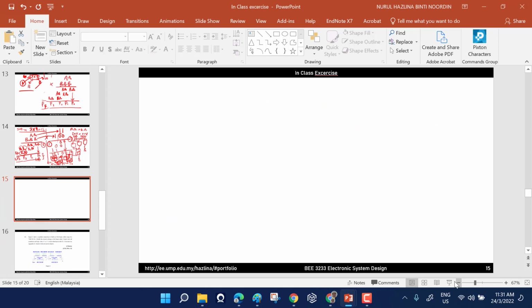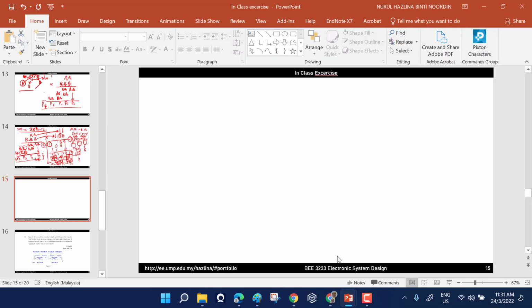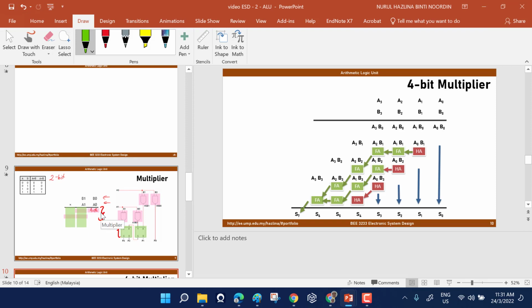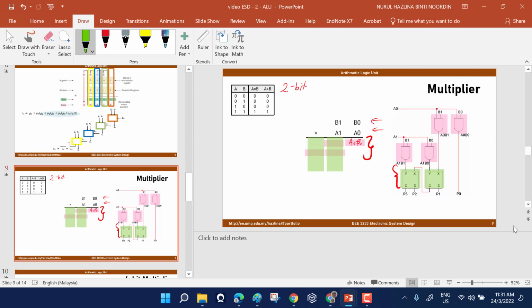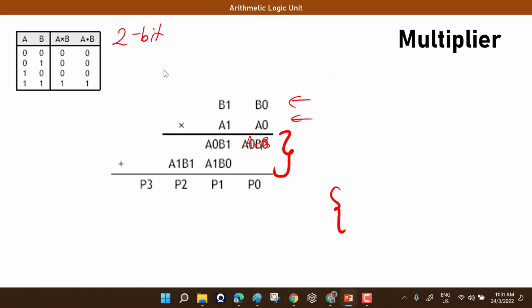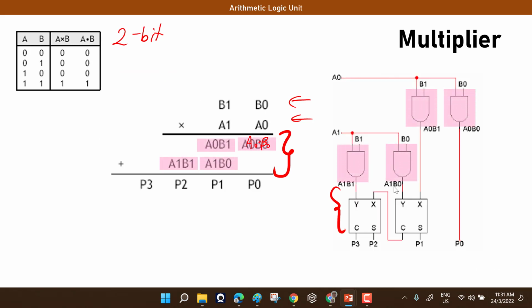explain this. Okay, what we did just now, the one that has been shown here, is executing this circuit using gates. There are also ways of executing this using a lookup table.